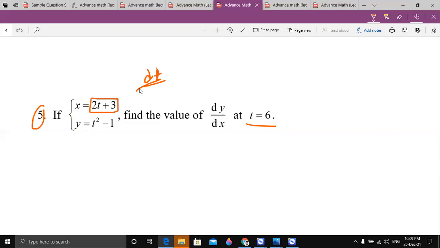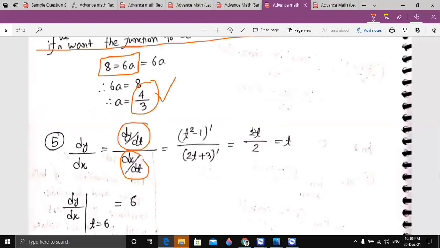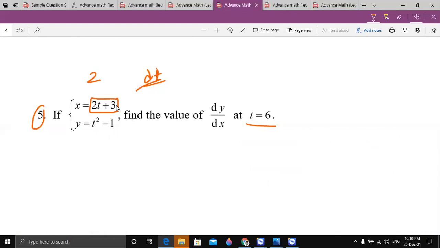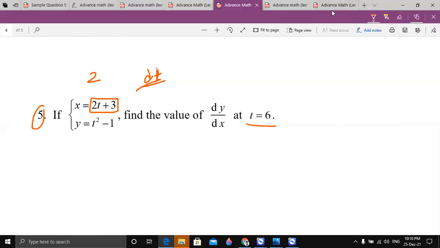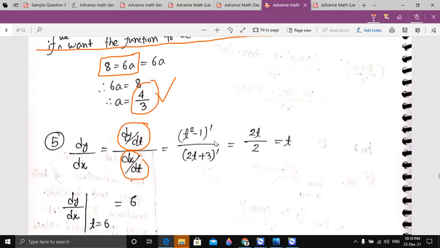So dy by dx: here this is t square minus 1, so the derivative of t square minus 1 will be 2t, and the derivative of 2t plus 3 will be only 2.